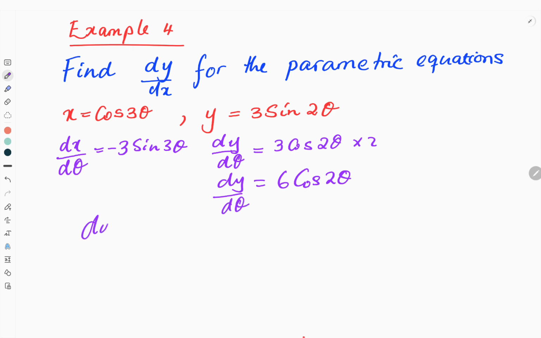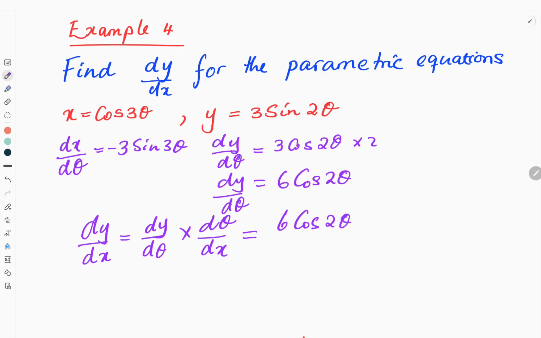Now, dy/dx will be equal to dy/d theta multiplied by d theta/dx. And that is equal to the dy/d theta, it's 6 cos 2 theta multiplied by d theta/dx, of which here we invert that again, and that will be just negative 1 over 3 sine 3 theta.